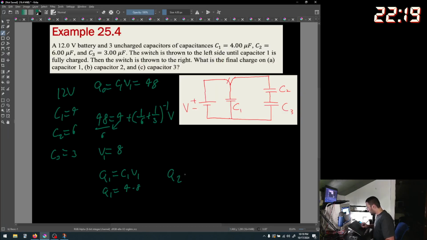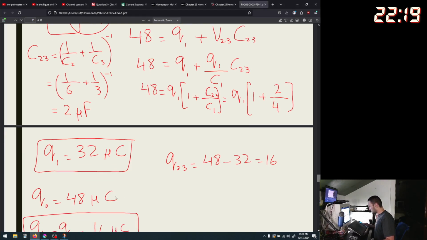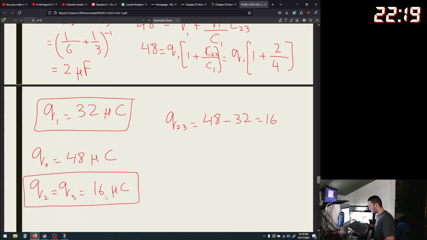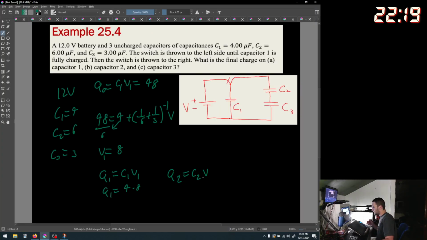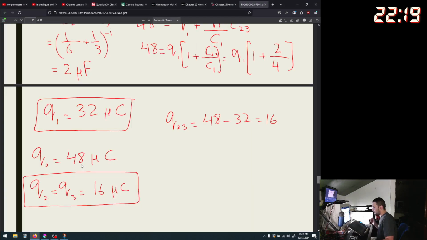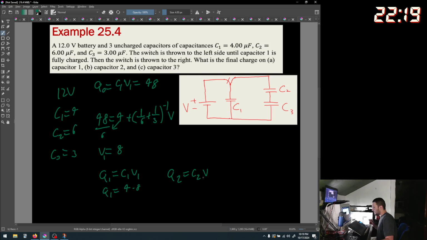And then Q2 equals C2 V, which is 6 times 8, 48. Wait. No. Q2, 48. Q2 equals. Because they're in series, they share a charge.